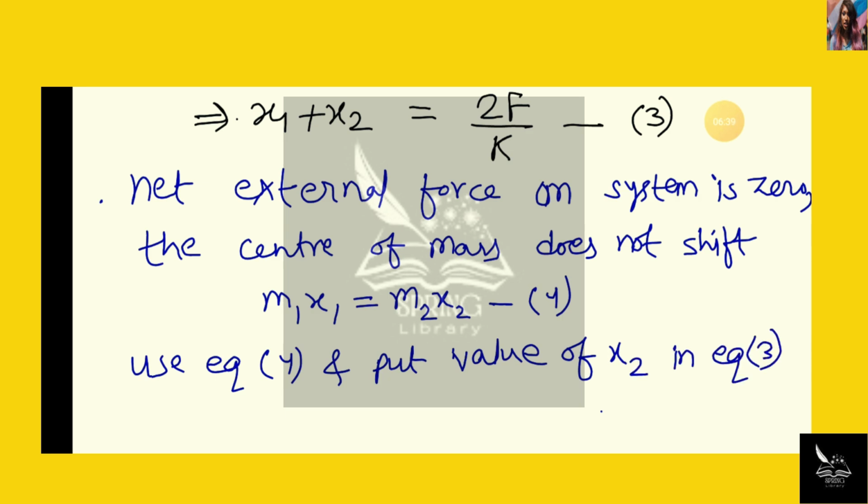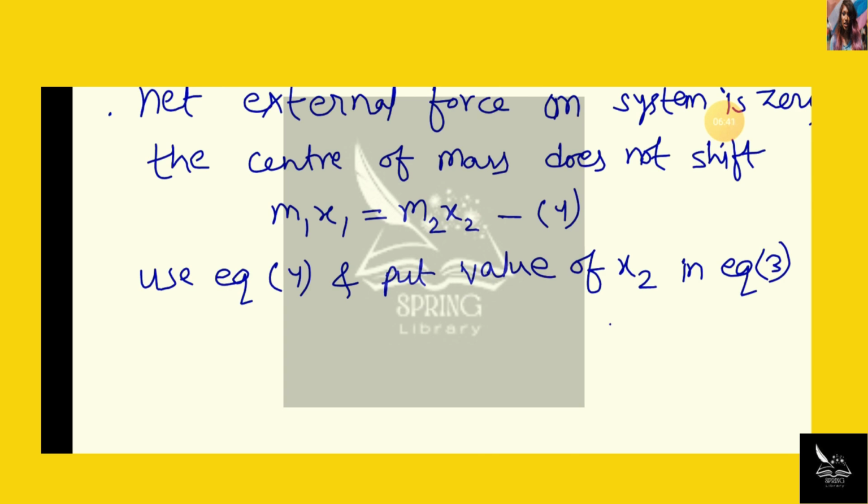The result is x1 plus m1 x1 divided by m2 is equal to 2f divided by k.